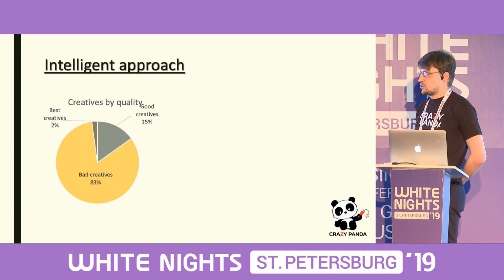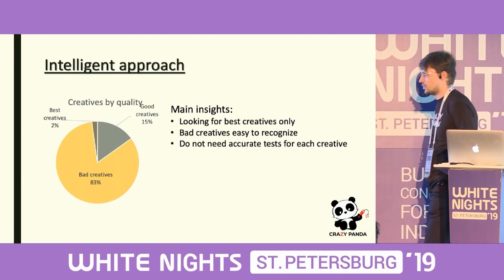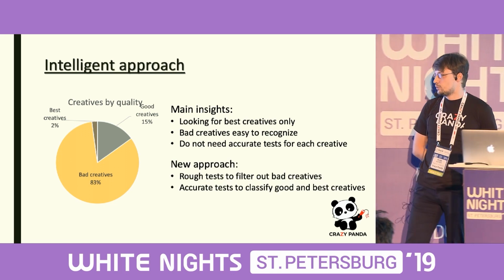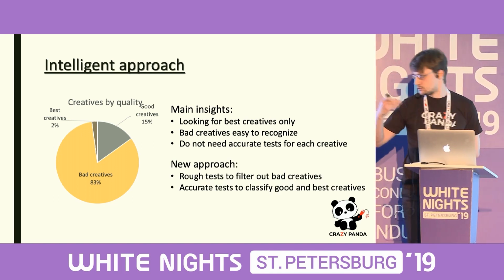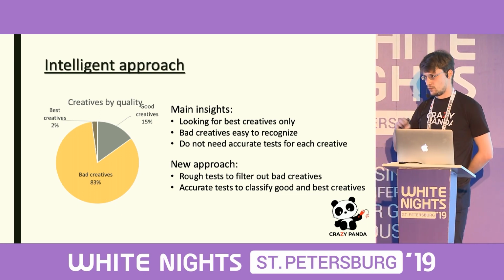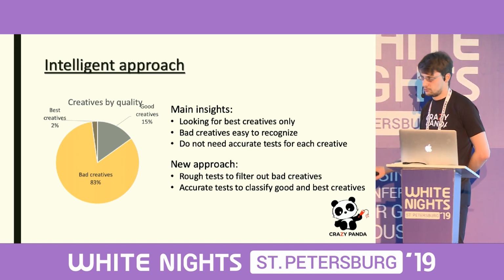So we do not need those accurate tests for most of our creatives, and we can start with really, really rough ones. So what will we do? We will start with rough tests to filter out bad creatives. There will be a lot of tests. We will have to manage them, but, well, they are rough.